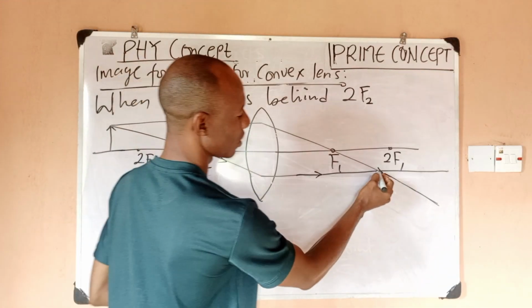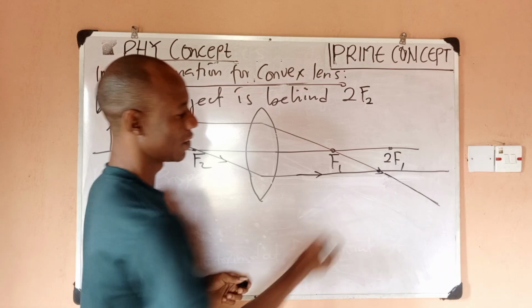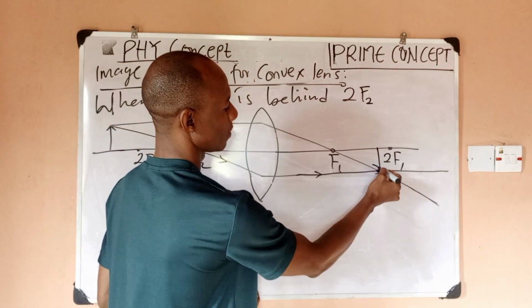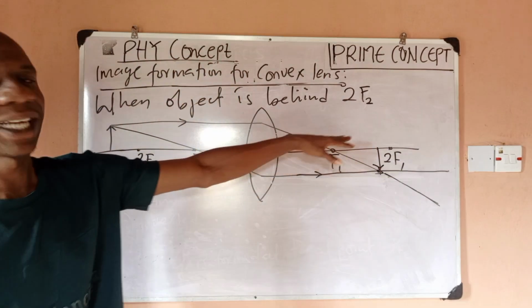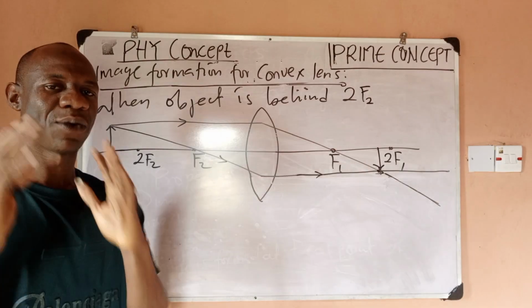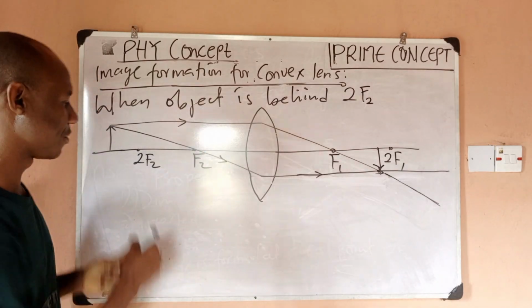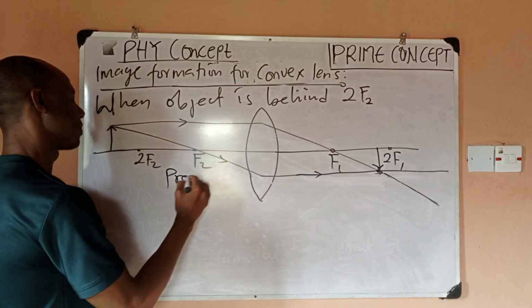So you can see the point of intersection of your refracted rays. This is where our image is formed. Now what are the properties of this image formed?